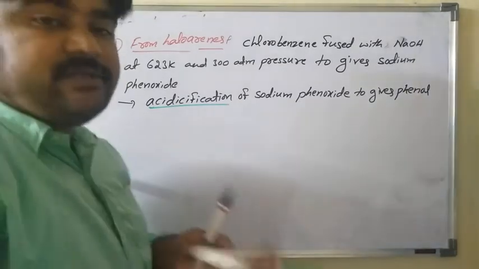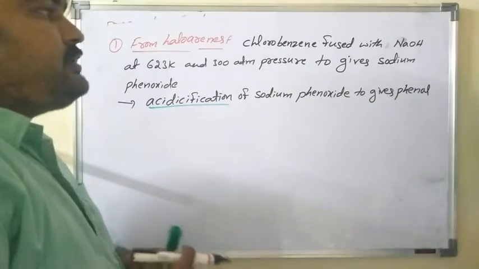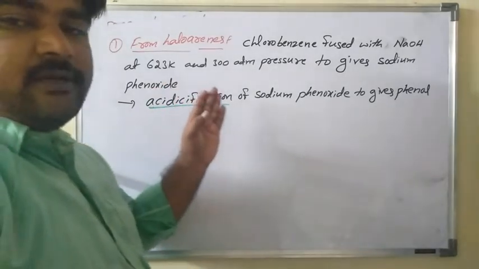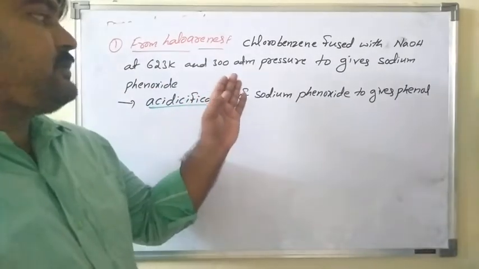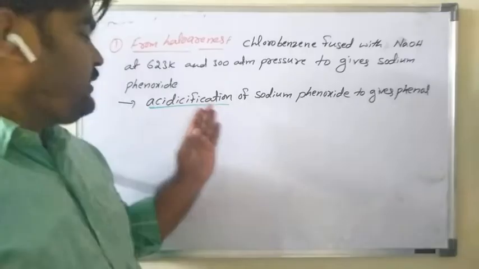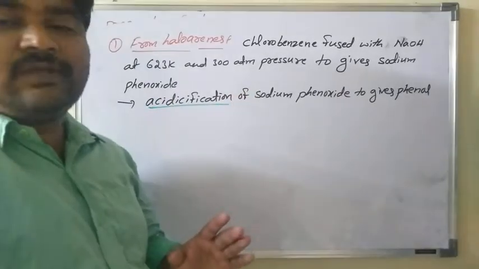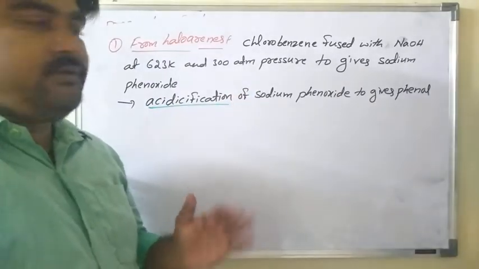Acidification means the presence of acidic medium. Chlorobenzene fused with NaOH at 623 Kelvin and 300 atmosphere pressure gives sodium phenoxide. So acidification of sodium phenoxide gives what? Phenol.